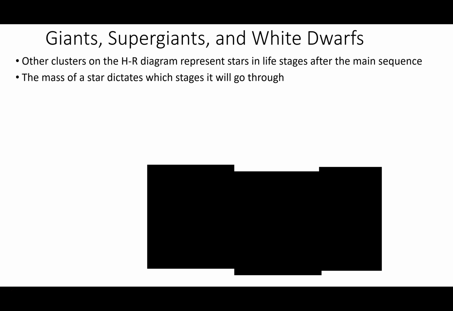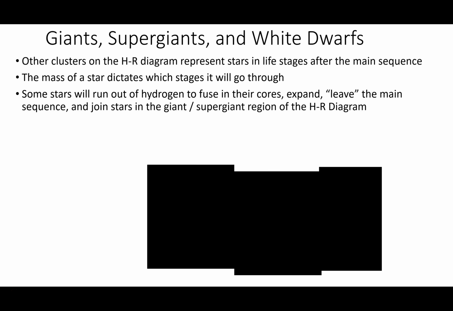Mass of the star indicates which stages it will go through. So I'm giving you a little precursor for when we talk about how stars live their lives. What's happening in the core of our sun? Fusion. Yep, exactly. What element is being fused?